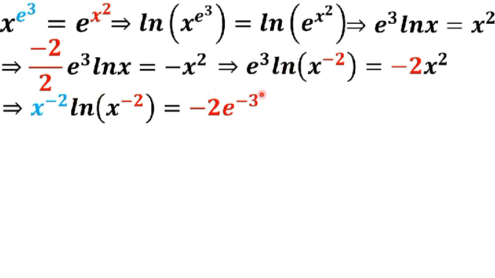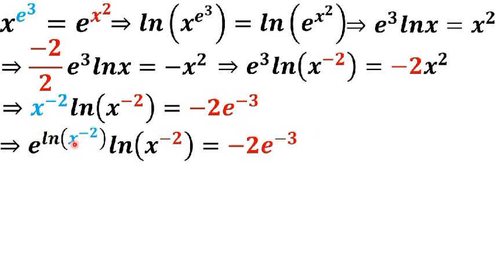So this is what I'm going to have. At this point, I can look at my x to the power negative 2 and write it as e raised to the power the natural log of x to the power negative 2, because these two cancel and I have back the same expression as I had initially.